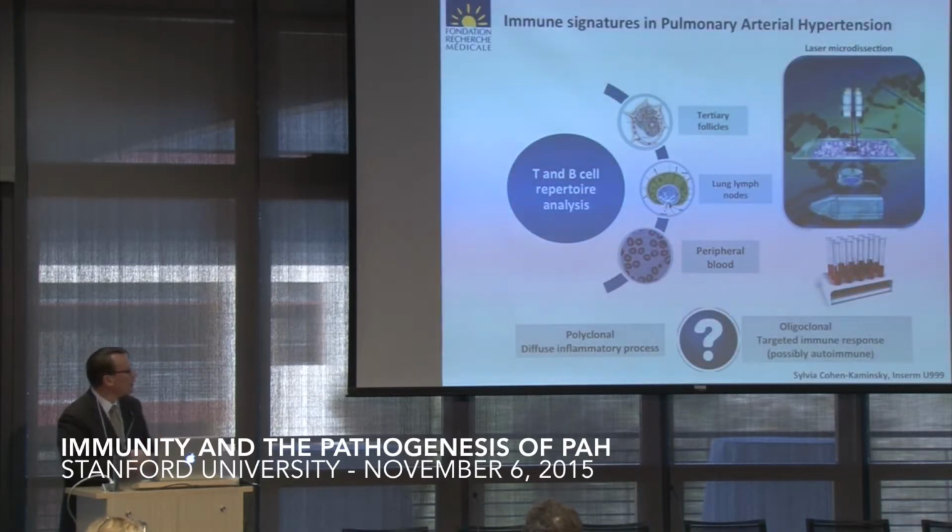What we are doing right now, and unfortunately I cannot show you data yet, we have a large tissue bank, as I said. We can identify the tertiary lymphoid tissue. We can also extract the lung lymph nodes at the time of lung transplantation, and we can also take blood from the patients. What we try to identify is whether these immune sources are characterized by polyclonal diffuse inflammatory responses or oligoclonal targeted immune response, possibly autoimmune.